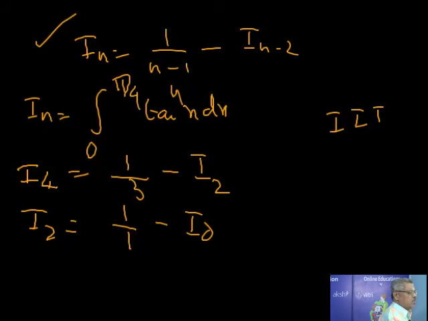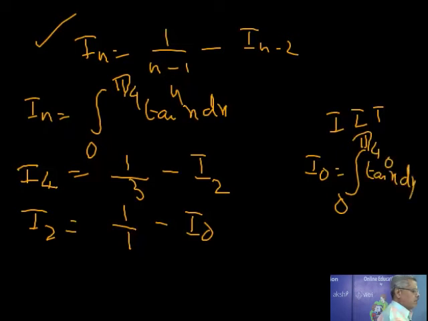So I0 is nothing but the integral 0 to pi by 4 of tan x power 0, because in the reduction formula, I am replacing n by 0. Tan x power 0 is 1. Integrating 1, you get x. Applying the limits, you get pi by 4.